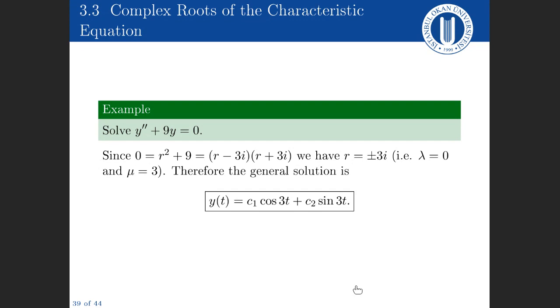In other words, lambda is equal to 0 and mu is equal to 3. As soon as we know lambda and mu, we can write down the general solution. E to the power 0 is just 1, so we can forget about that. The general solution is c1 cos 3t plus c2 sine 3t. And that's it. Solve this differential equation. I've done it in 2 sentences.